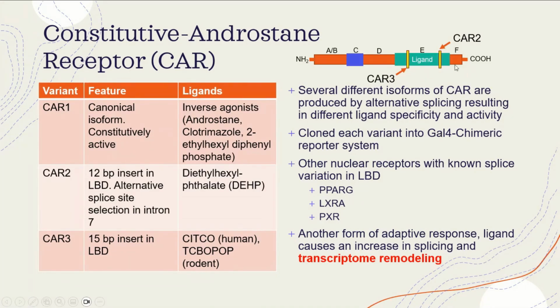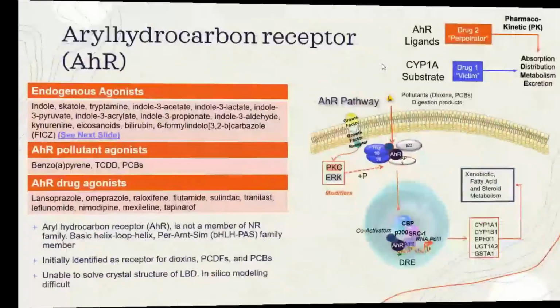So our assays are able to look at all three different types of ligands that are all going to regulate drug metabolism, but they're different isoforms. And it's actually a very interesting form of adaptive response, where ligands like DEHP are probably causing an increase in transcriptome rearrangement to lead to more of the CAR2 receptor relative to the other splice variants.